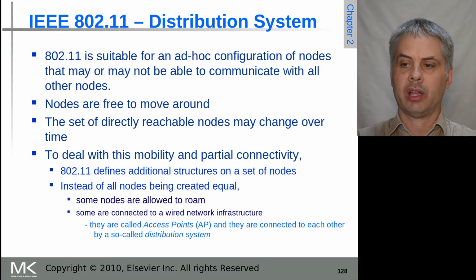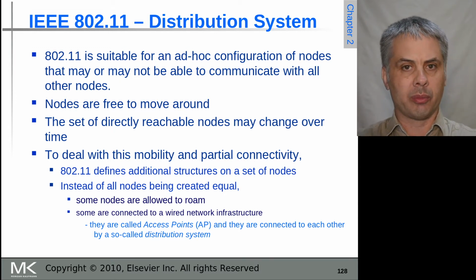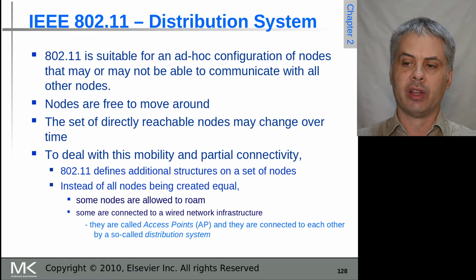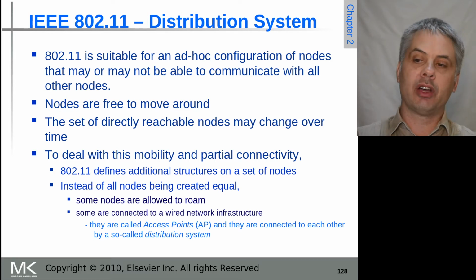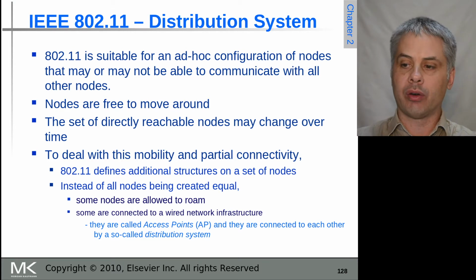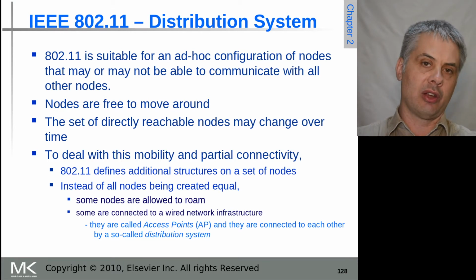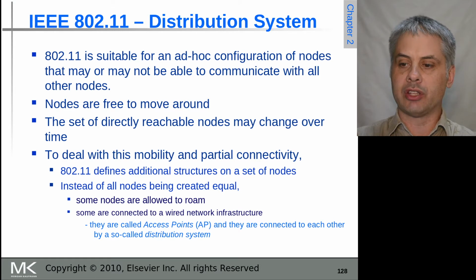So one area where this was perhaps a little bit more frequently used was to have the connections between access points form in this ad hoc manner, and then have the clients still connect to an access point in order to minimize their energy consumption.